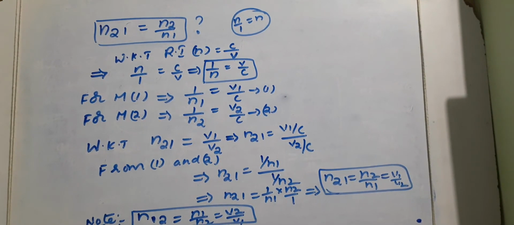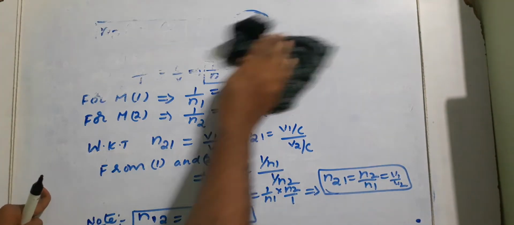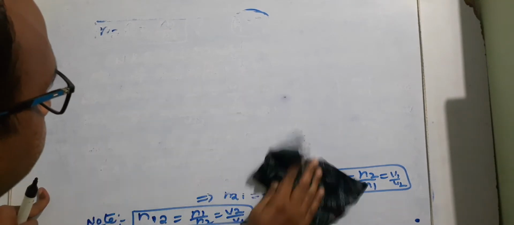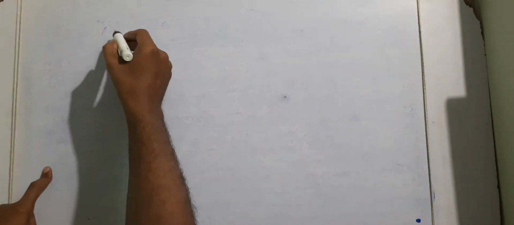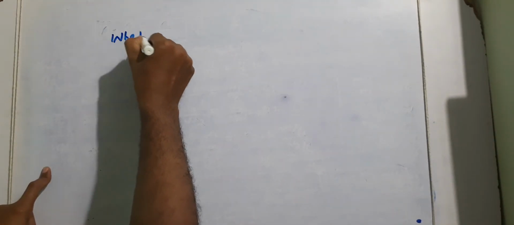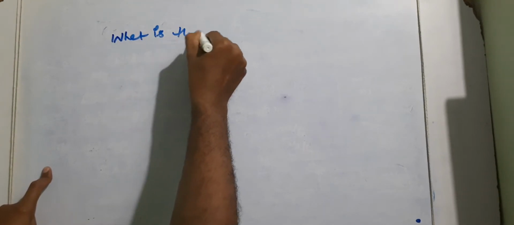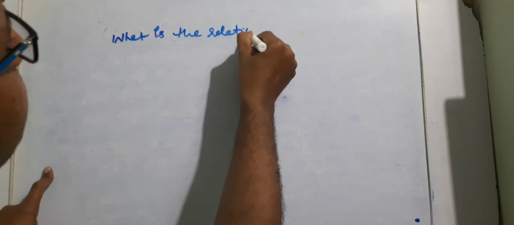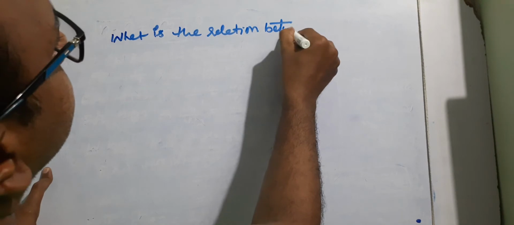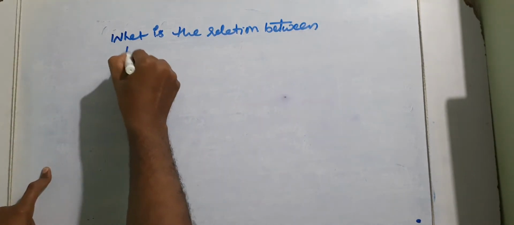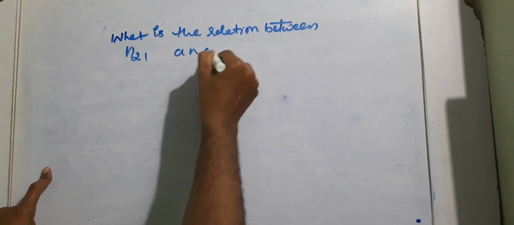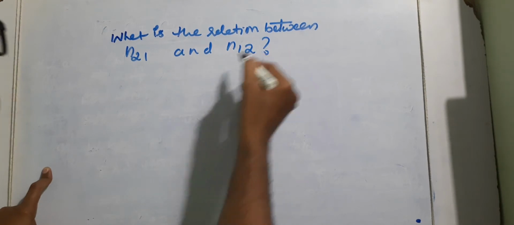So now what is the relation between n21 and n12, with an example problem? What is the relation between n21 and n12, students?